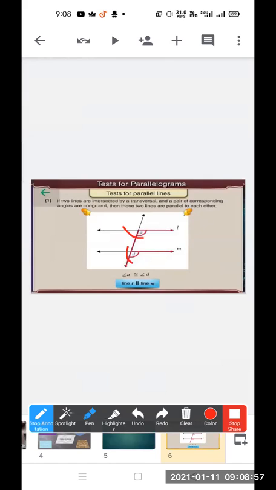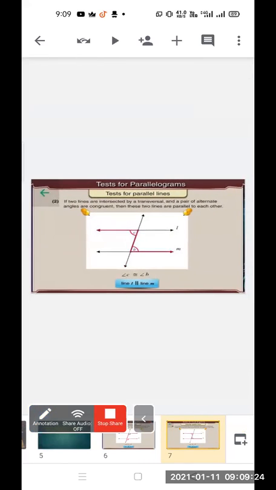If corresponding angles are formed and they are congruent, then the given lines are parallel to each other. So this is called the corresponding angle test for parallel lines.